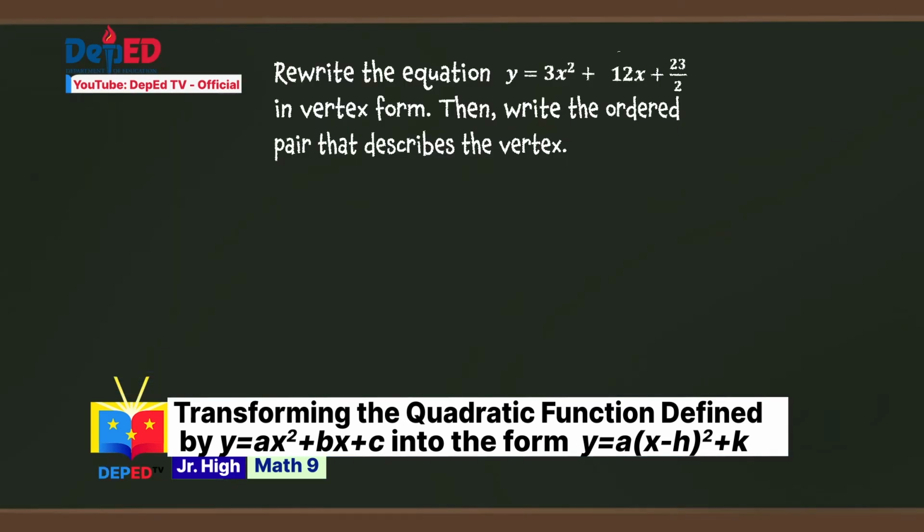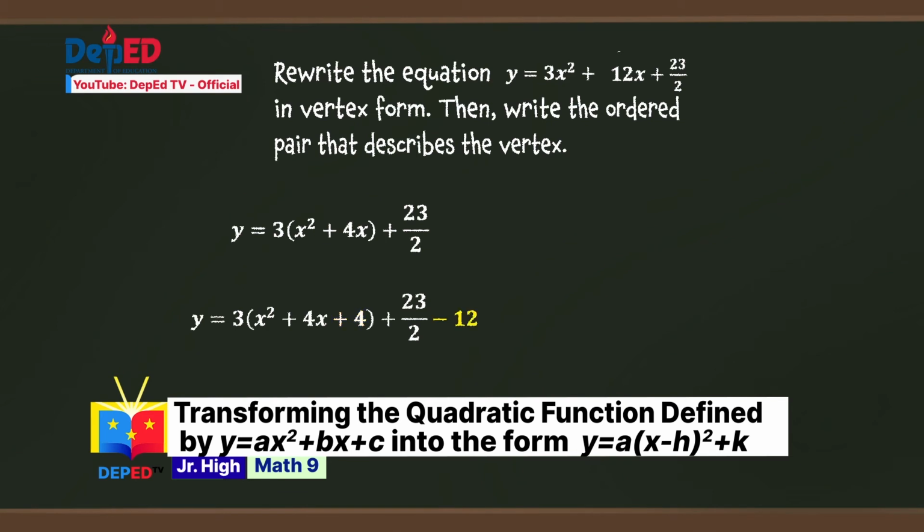Time is up. Separating the terms with the variable from the constant term and then factoring out the leading coefficient, y must be equal to 3 times the binomial x squared plus 4x plus 23 over 2. To complete the square, we add the square of the half of 4, which is equal to 4.